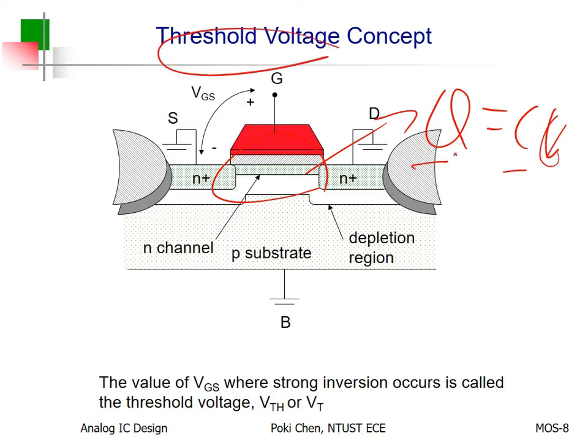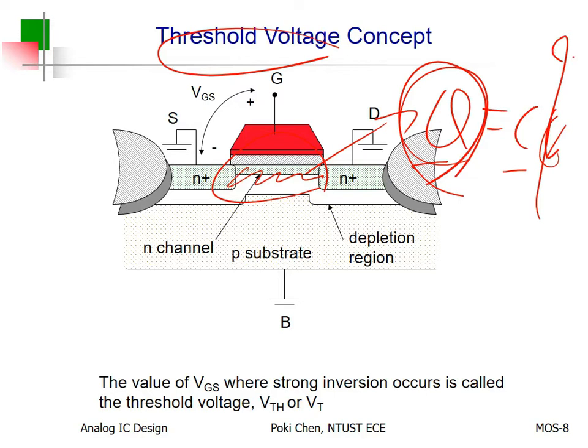The exact number of carriers you need to attract to kill all the free holes here. So you can see how many free holes depends on doping concentration, right? It means what? The higher doping means the more carriers you need to attract. So it means what? The higher voltage you need to apply.